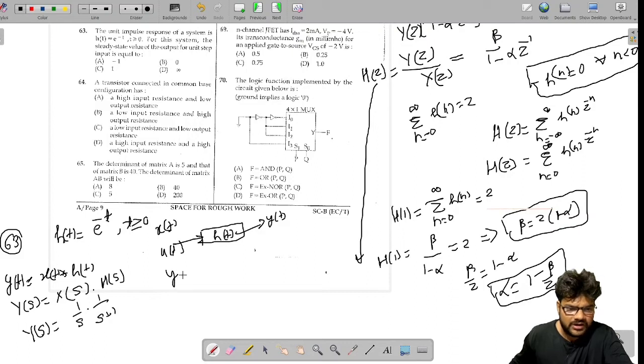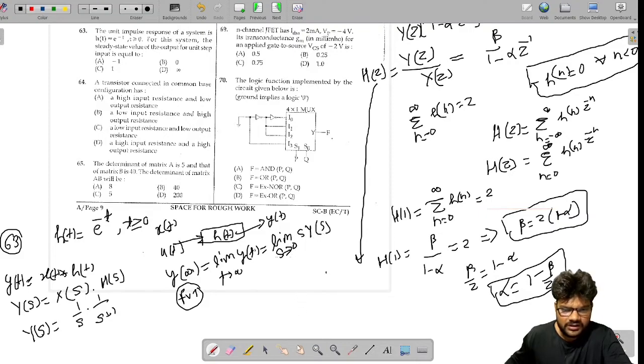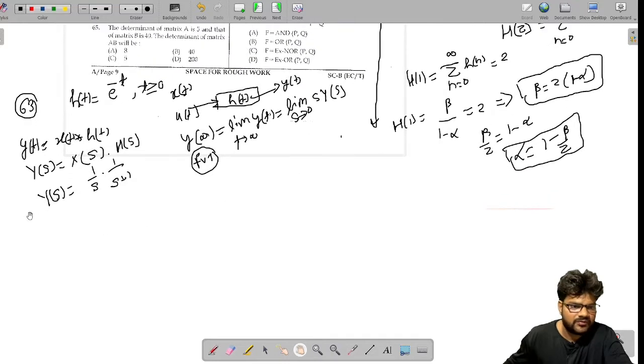So we are asked to find y of infinity, that is the value of output at t equals infinity, or the steady state value of output. Then we can apply the final value theorem. With the final value theorem, y of infinity, that is the limit t tending to infinity y(t), equals the limit s tending to 0 of s times Y(s).